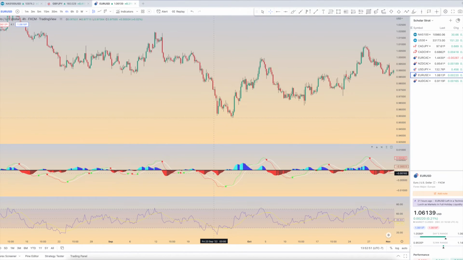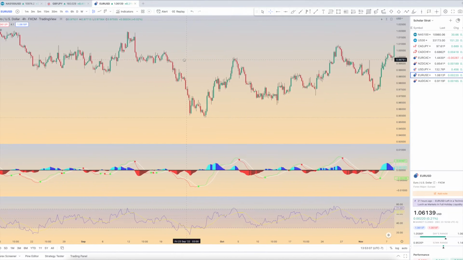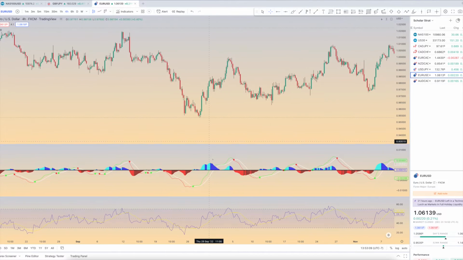I like having both because if I see that the MACD and the RSI don't line up, I ignore it. If they both line up against the price line, then it's a much stronger indicator that it's divergence or convergence, depending on what you're looking for. Okay, so let's see. What do we want to look for? Here's a good example.